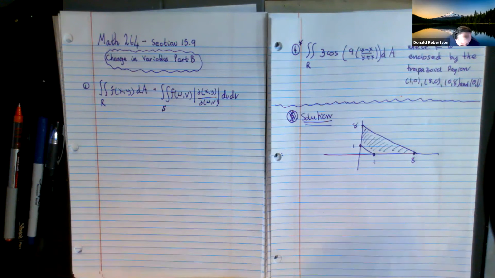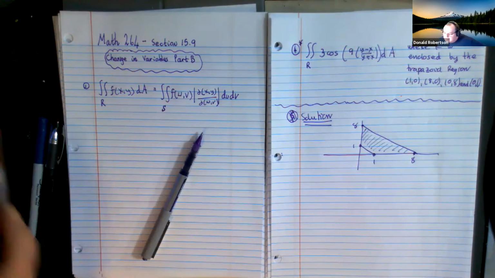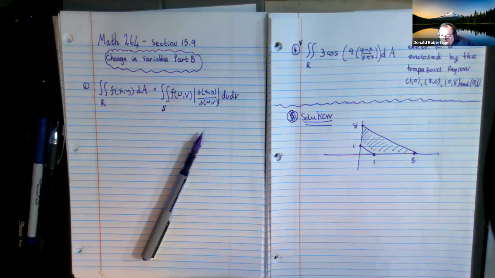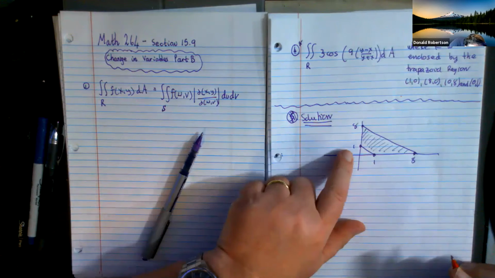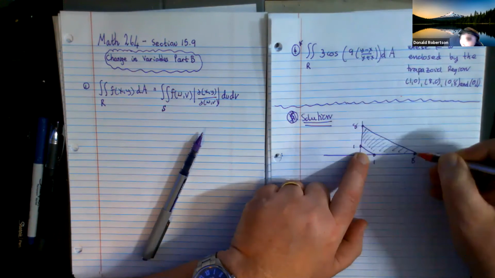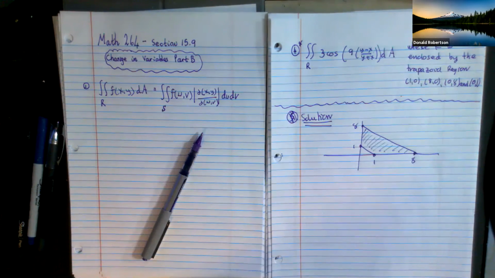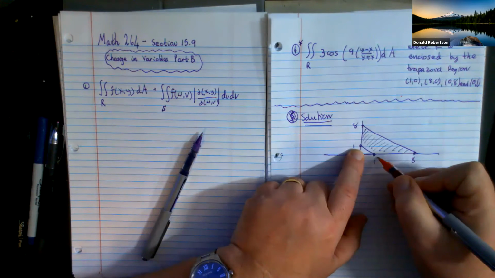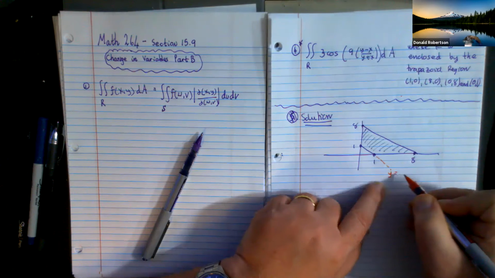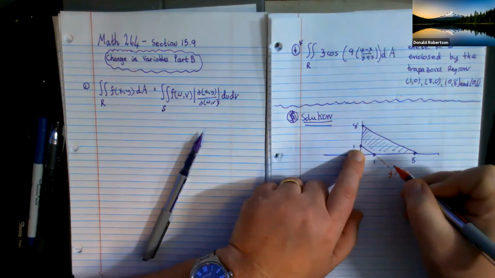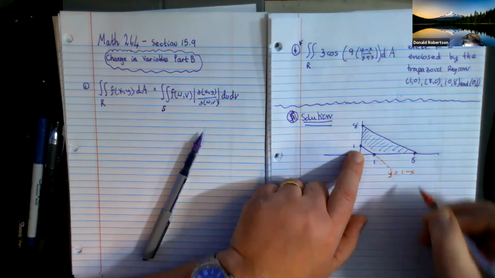So far, so good. Now, this region here is basically made up of 4 straight lines. This line here, which I'm just going to put some dots on, is going to be y equals negative x add 1, so I guess it's 1 minus x.